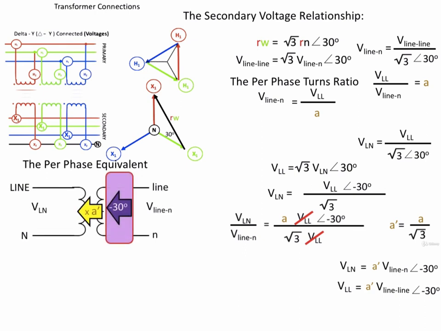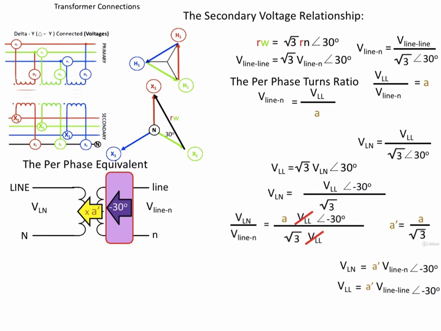And we have two operators that we have to be concerned about, and one is the turns ratio for the per phase transformer. We have to establish what we do to the secondary voltage to come up with a primary voltage. In other words, if I'm given the secondary voltage, I have to multiply by the turns ratio A primed in order to get the primary voltage, and that's what's indicated with the yellow arrow there.